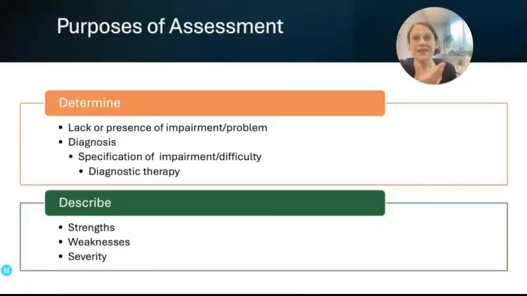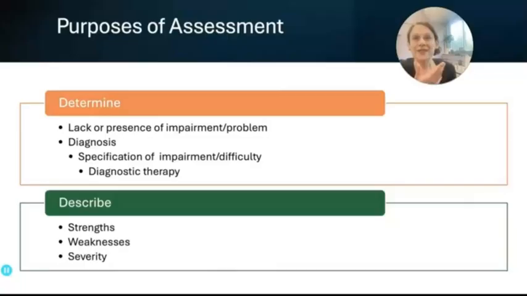So at the end of the day, when we consider assessment, we're really trying to first determine if there is an impairment in the first place. If we know this, then diagnose what the impairment actually is. Determine if we can do some kind of treatment, we call it stimulability testing.